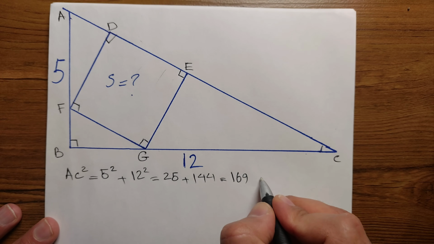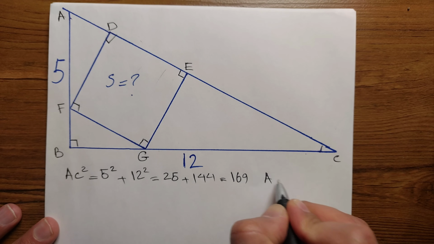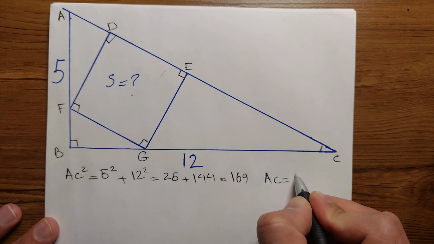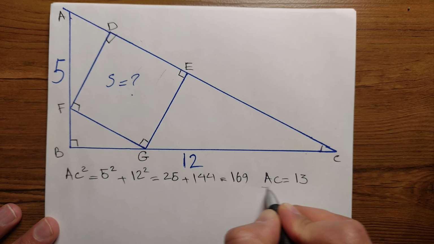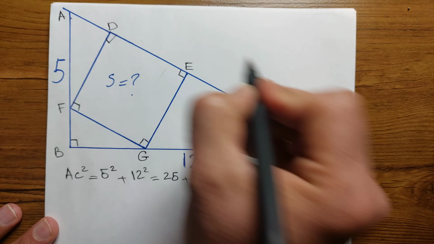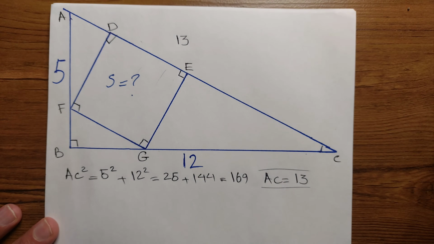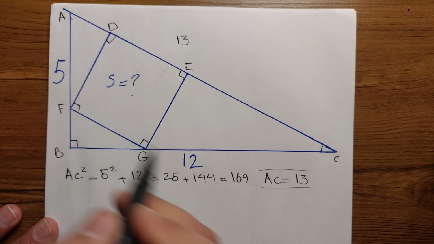So the square root of 169 is 13. This is the length of the hypotenuse here. So let me write it down here. We have another side now: this side is 13, so 5, 12, 13.